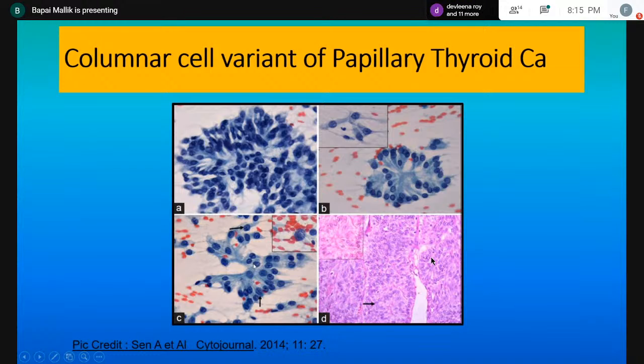Here, okay, not as pale chromatin as you expect to find in papillary thyroid carcinoma. So this is almost forming a rosette. So this is a columnar cell variant of papillary thyroid carcinoma. Picture taken from the web, from Cyto Journal, from an article by Sen et al., 2014. So thanks to them.